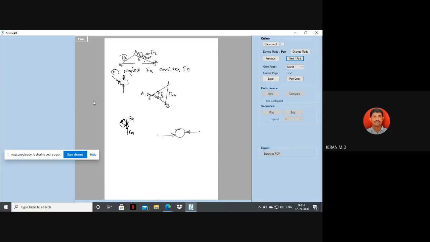For example, if F1 and F2 are there, these two should be equal in magnitude and opposite in direction. Similarly, we know that this is the definite force that will develop. So to make that equilibrium, the opposite force should be in the opposite direction. Only two forces are there on the piston.